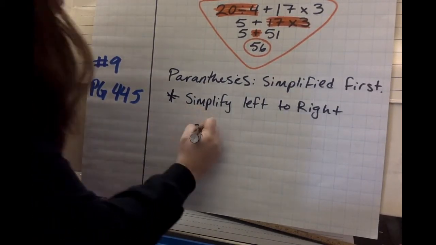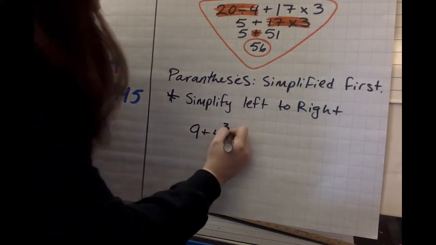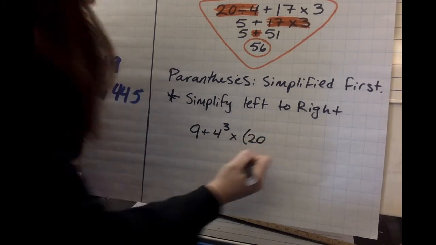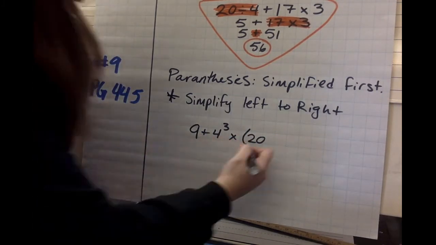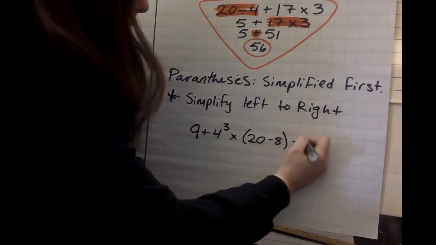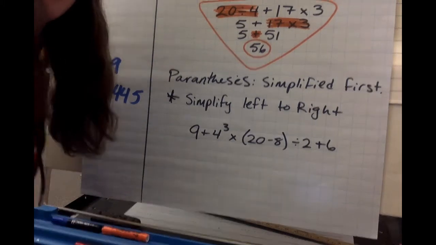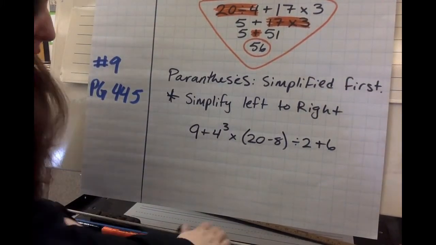9 plus 4 cubed times (20 minus 8) divided by 2 plus 6. So in here I'm going to look at my order of operations.